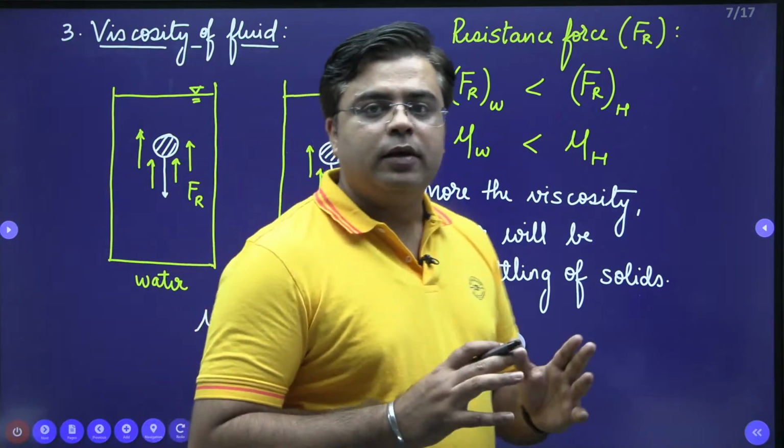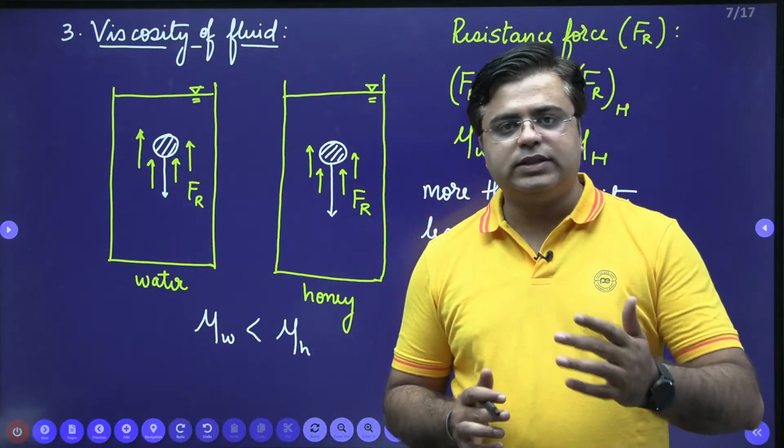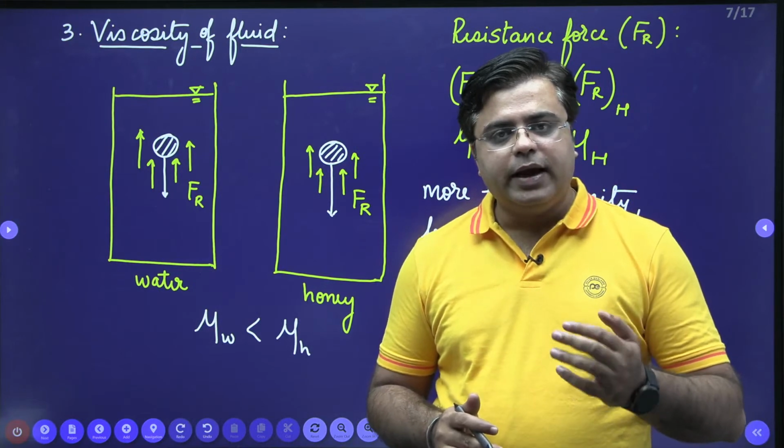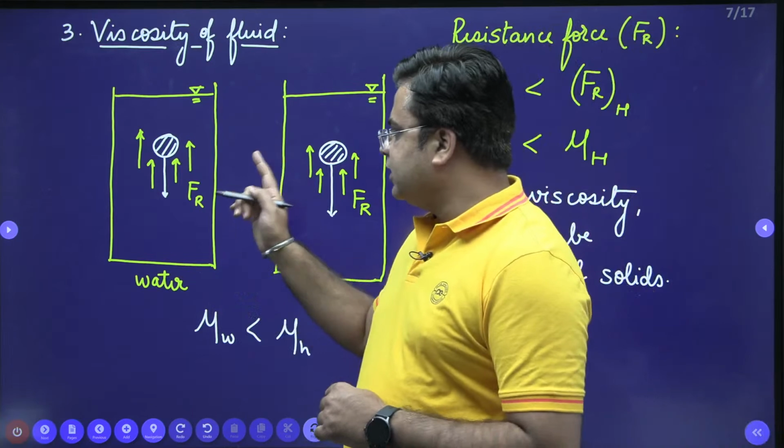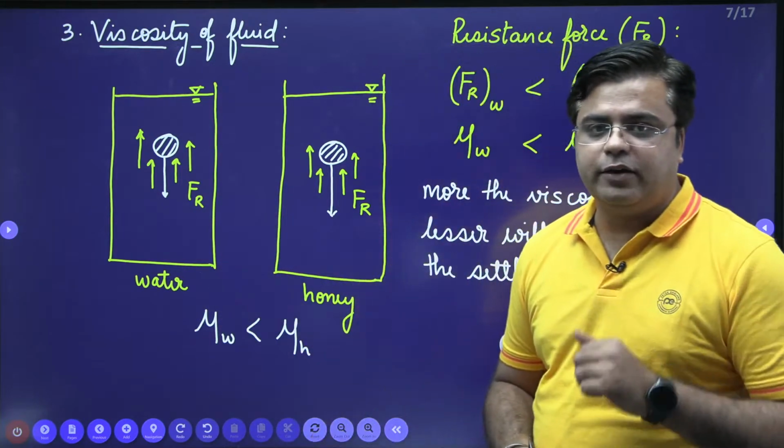Reason is, more viscosity will offer more resistance against settling, and if resistance offered is more, settling will be less, right? So this is the third factor which affects the settling of the solid.